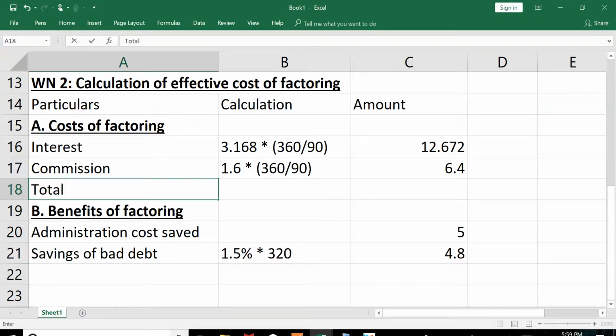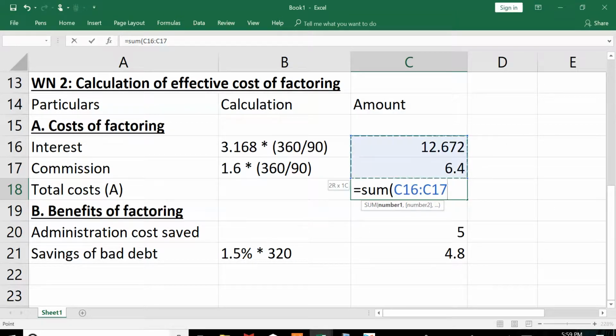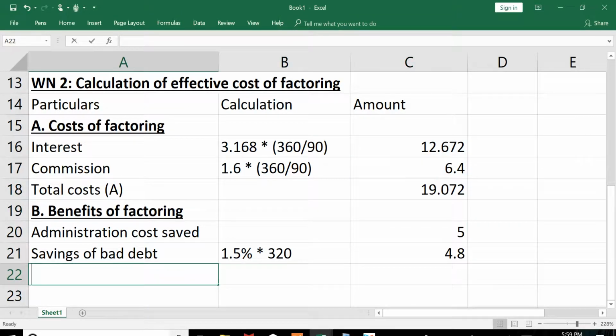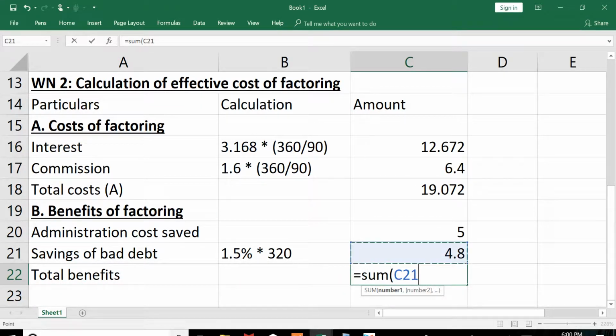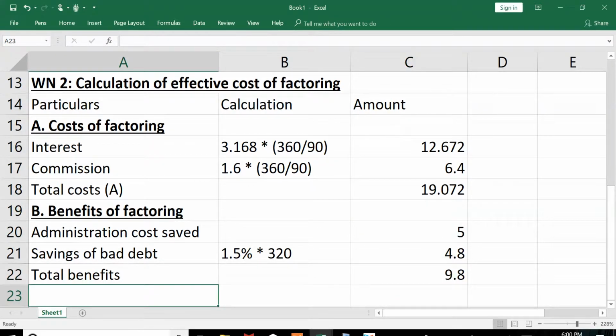Just put here total costs and total benefits. Total cost is 19.072, total benefits is 9.8.